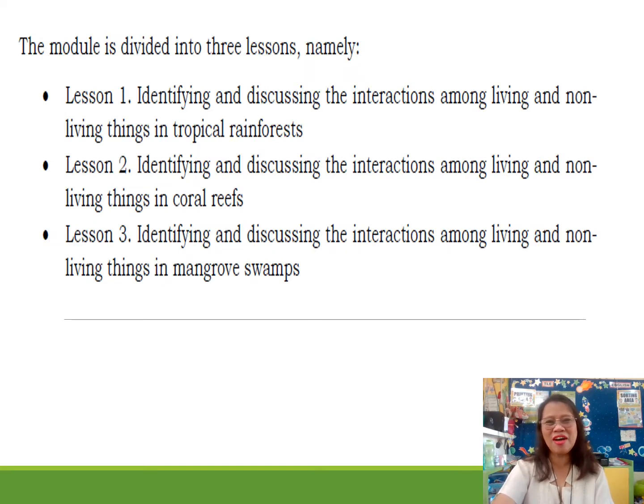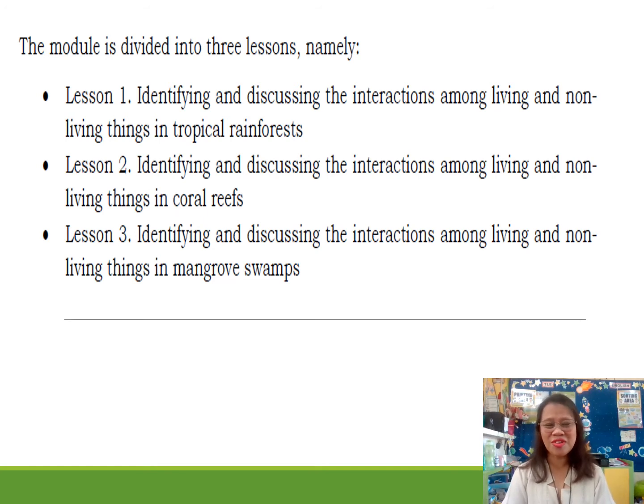This module is divided into 3 lessons. Meaning class, this module, this week, we have three lessons. Lesson 1 is identifying and discussing the interactions among living and non-living things in tropical rainforests. Lesson 2, identifying and discussing interactions among living and non-living things in coral reefs in the sea.